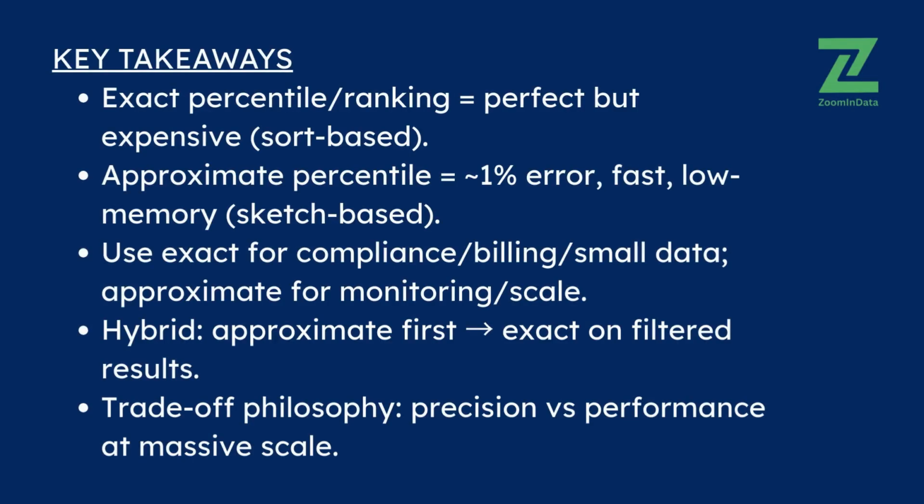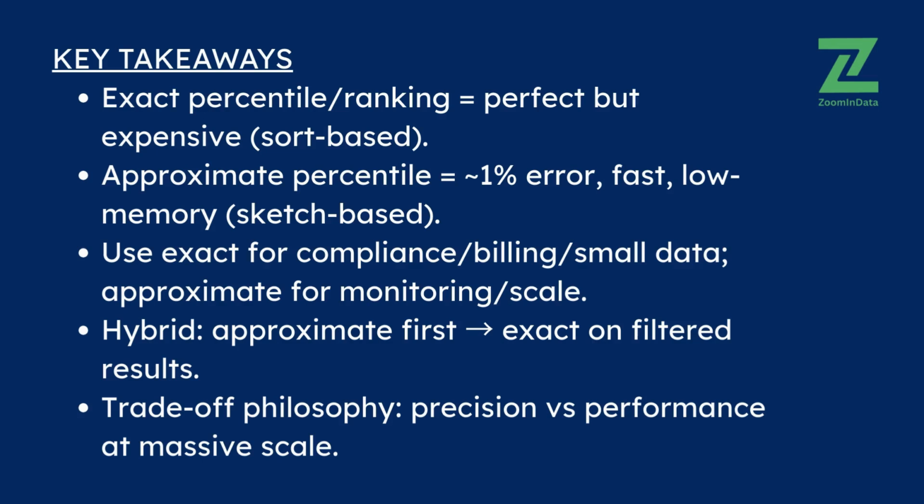To wrap up, exact percentile and ranking give perfect results but are expensive, sort-based and memory-heavy. Approximate percentile gives about 1% error, stays fast, and uses tiny memory, sketch-based magic. Use exact for compliance, billing, or small data.